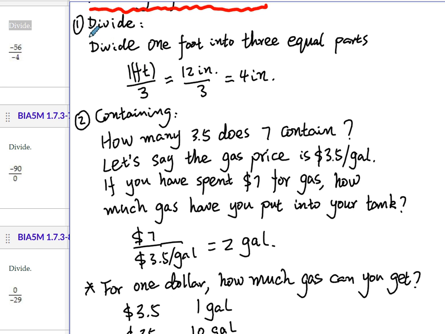Division means, the first meaning is to divide one unit into some pieces. Here is the example. Divide 1 foot into 3 equal parts. We know 1 foot is 12 inches.